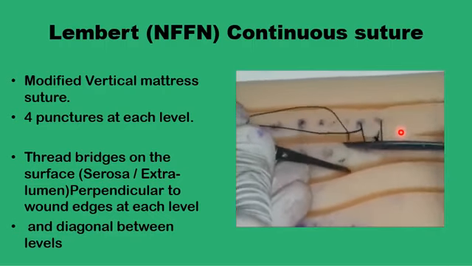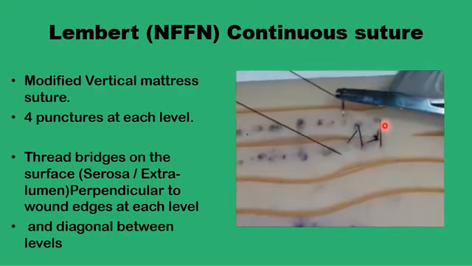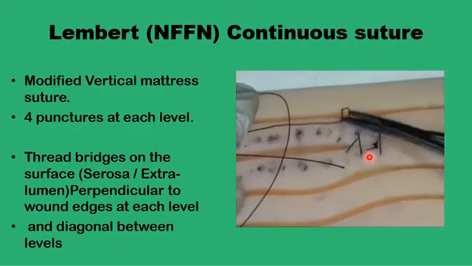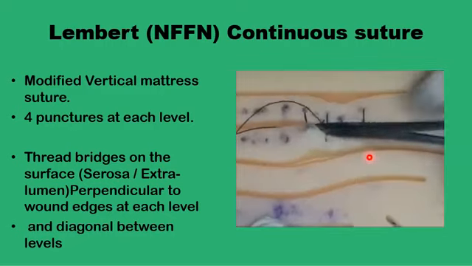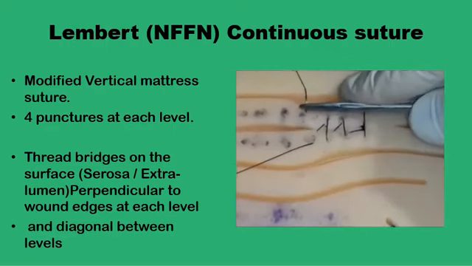Again, you would have the perpendicular strands between the far and the far, and the diagonal strands between the near and the near. And they will produce the same effect of inverting the wound edges.